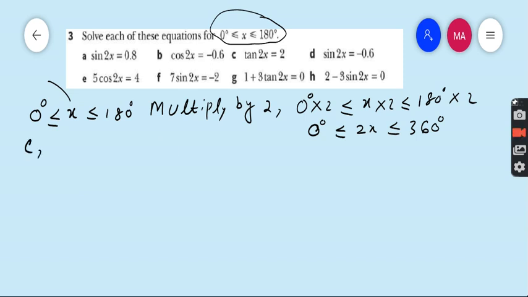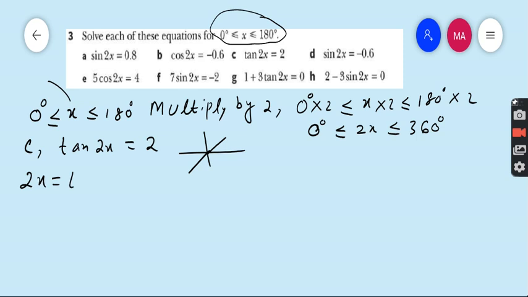What is part C? Tan 2x is equals to 2. You know, tan is positive in first and in third quadrant. So first angle must be less than 90 and the second angle should be greater than 180 and less than 270.